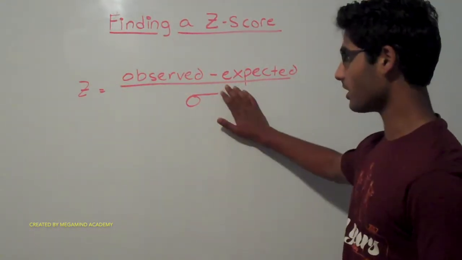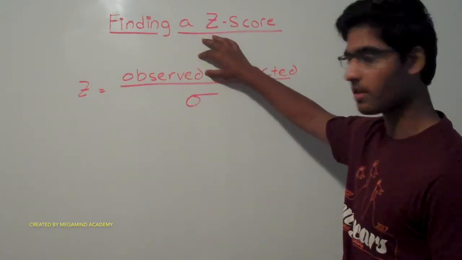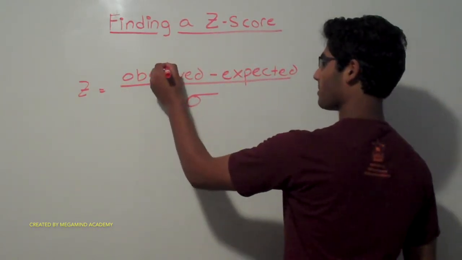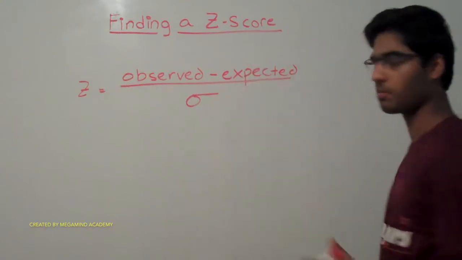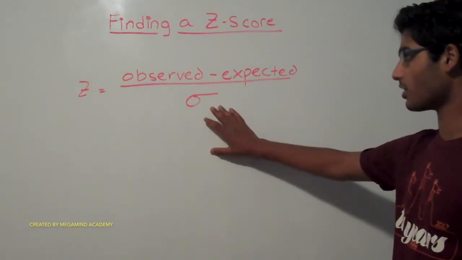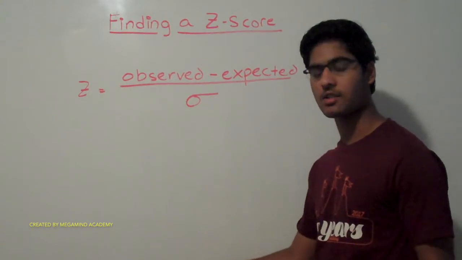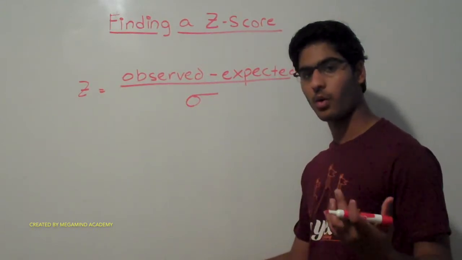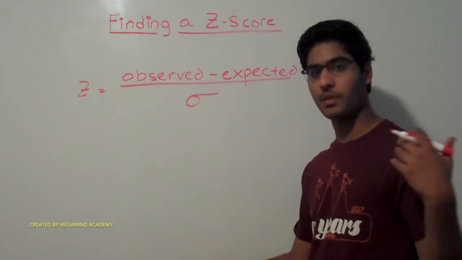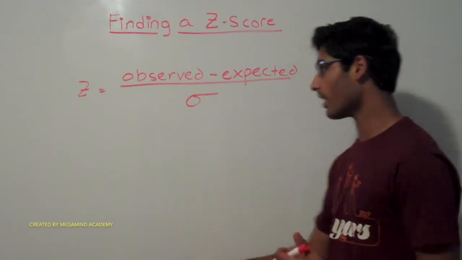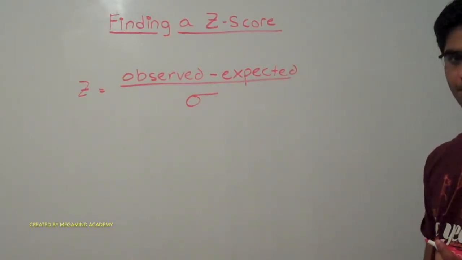Well, essentially, we have an observed point, an expected point, and our standard deviation. So given this formula, we can see that a z-score basically tells you how many standard deviations away a value is from the mean. Alright, now let's look at an example.